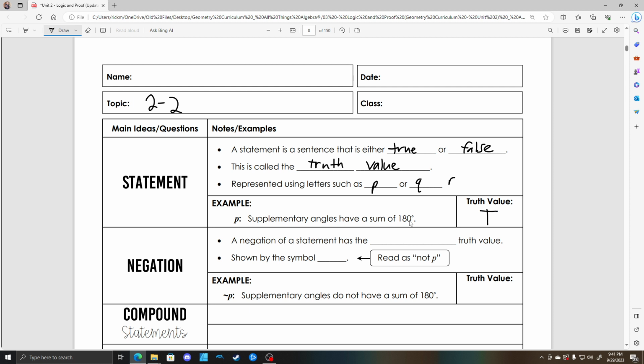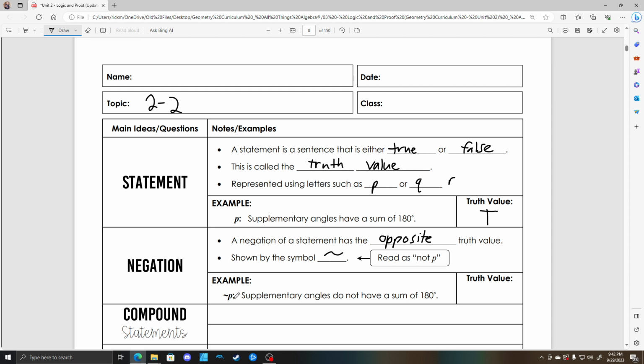And now let's look at negation. So, negation is a statement. The negation of a statement has the opposite truth value, right? So, shown by the symbol, and you'll see it here, it looks like this. Now, let's look down here.